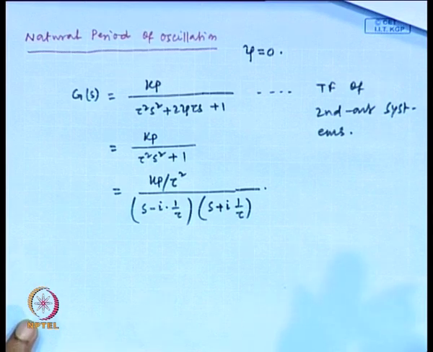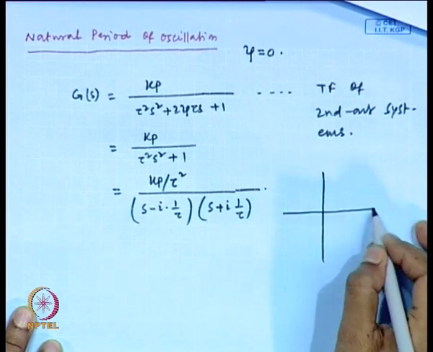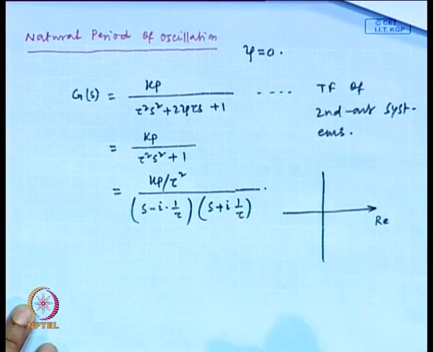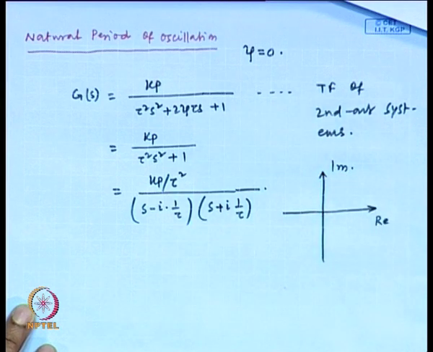Fine. So, two poles are involved and they are complex conjugate poles. Fine. Can you observe the position of the poles? This is the real axis, this is the imaginary axis, there is no real part.